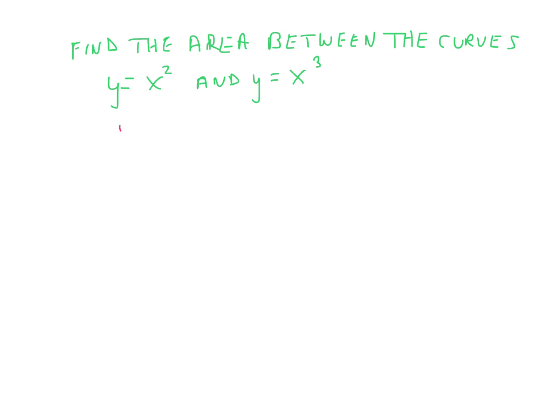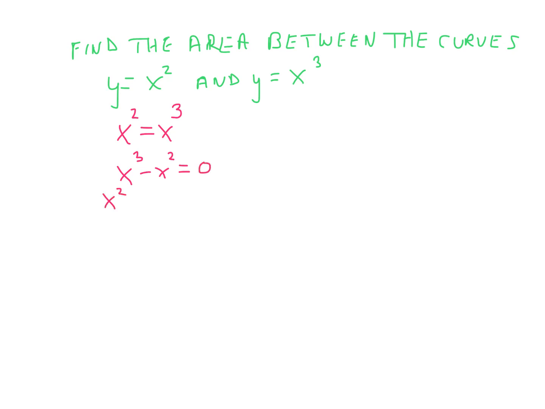So if we put them equal to each other, we'll be able to find the values of x for which both graphs have the same y values. And so in this case we have x squared equals x cubed, so we're going to take x cubed minus x squared equals 0, and we're going to factor this down.